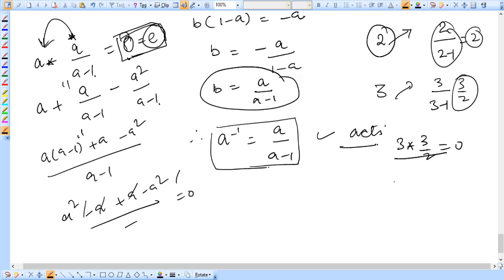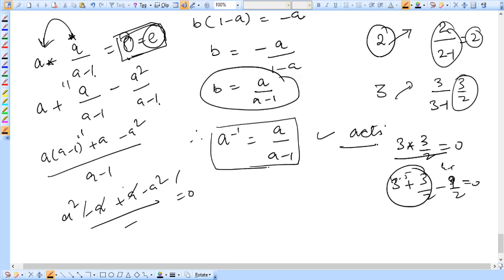So let us check this out. 3 plus 3 by 2 minus 3 into 3 by 2. Okay, so you see this is equal to, combined, 4.5, and this is also 4.5, so it is equal to 0, right? So thus we can find the inverse of any element.